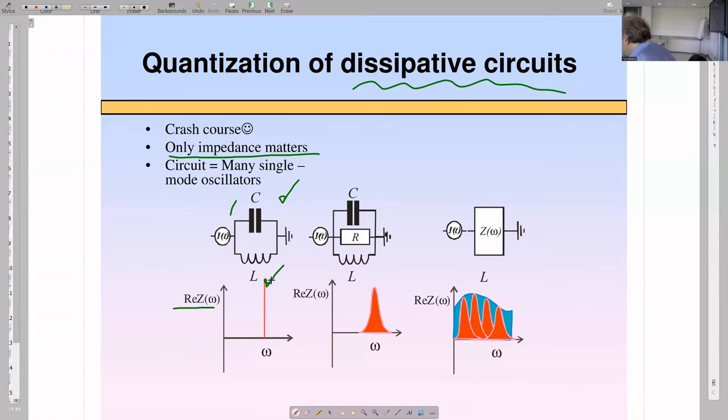Let me add a small resistor here. Thereby, the peak will acquire finite width.